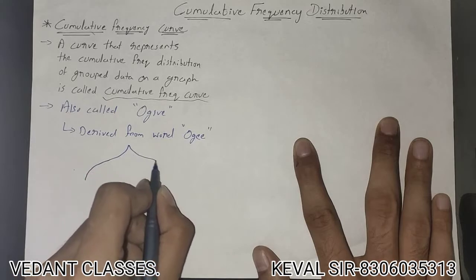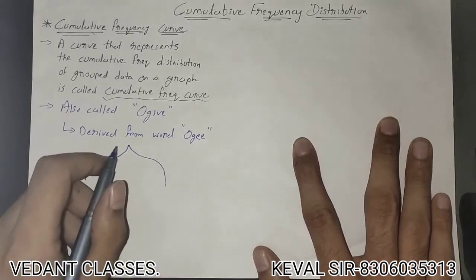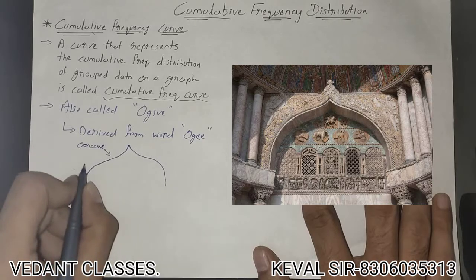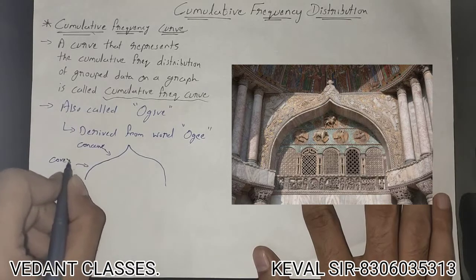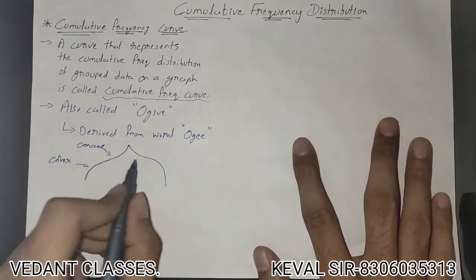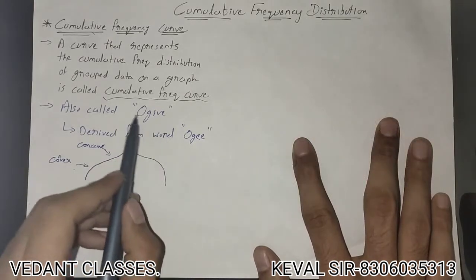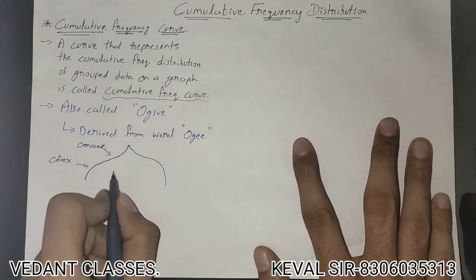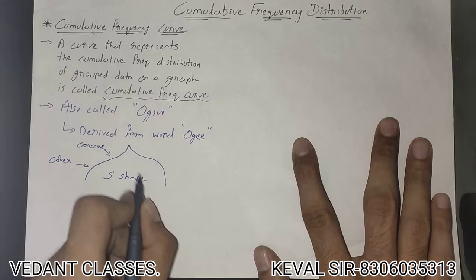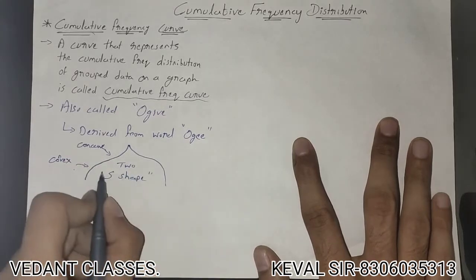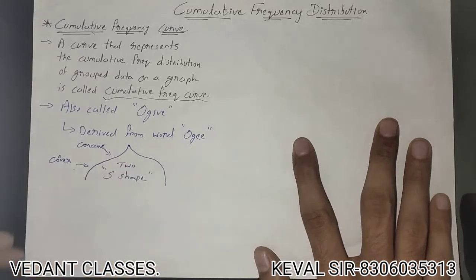Here you can see it has a concave part and a convex part from the outer side. So this kind of shape is called ogive, and the name of the curve ogive is derived from this. You can see it is an S-shaped curve. Two S-shaped curves are meeting at one point. So these two S-shaped curves are there, and this type of shape is called ogive.